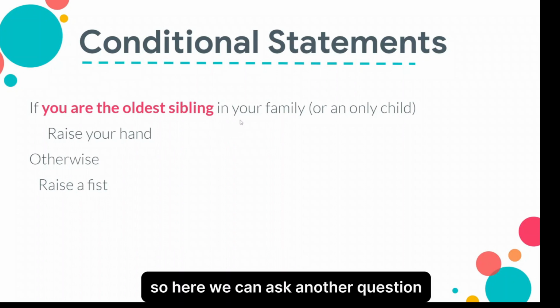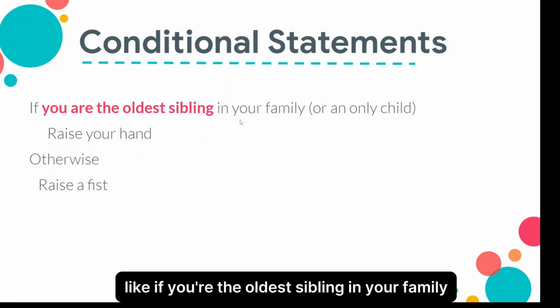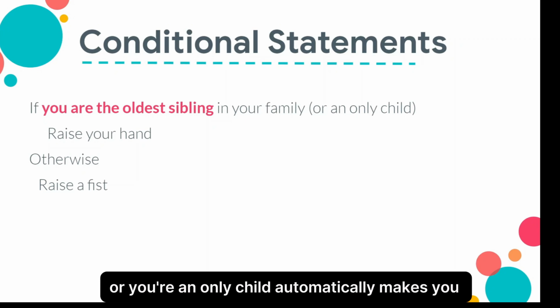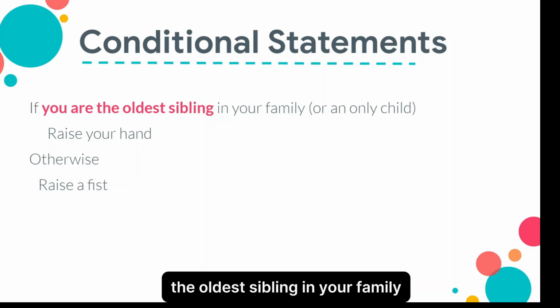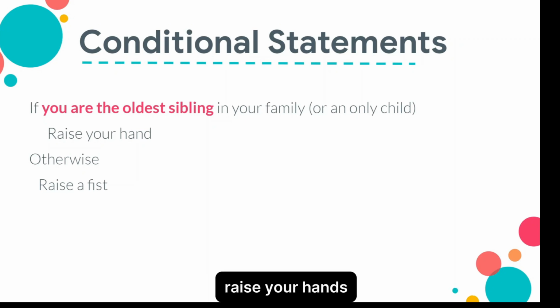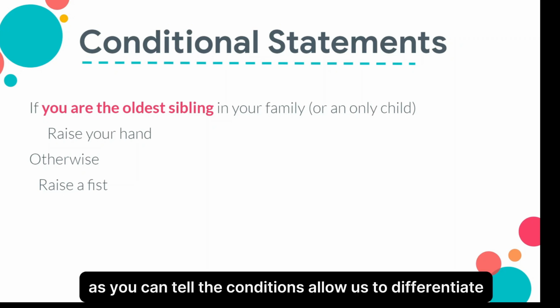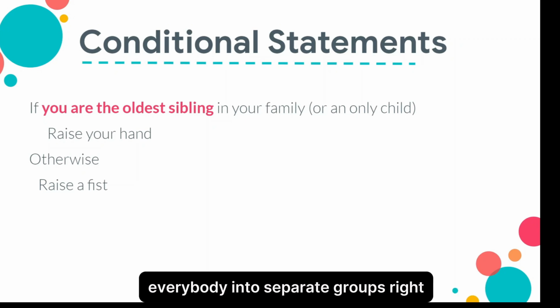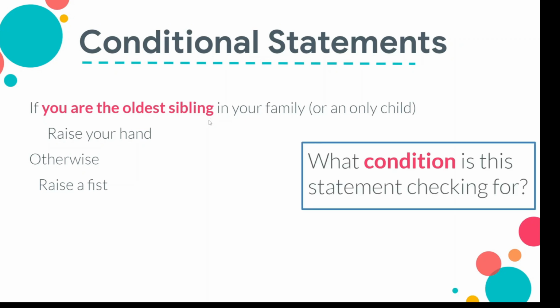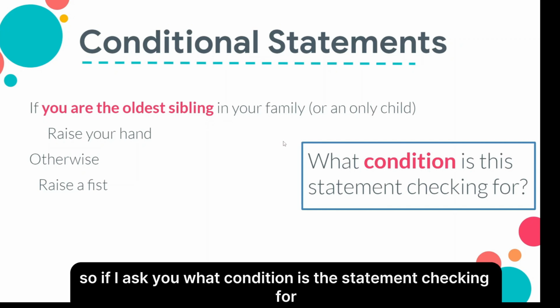Here we can ask another question: if you're the oldest sibling in your family, or you're an only child, which automatically makes you the oldest sibling in your family, raise your hands. Otherwise, raise a fist. As you can tell, the conditions allow us to differentiate everybody into separate groups. So if I ask you, what condition is the statement checking for?